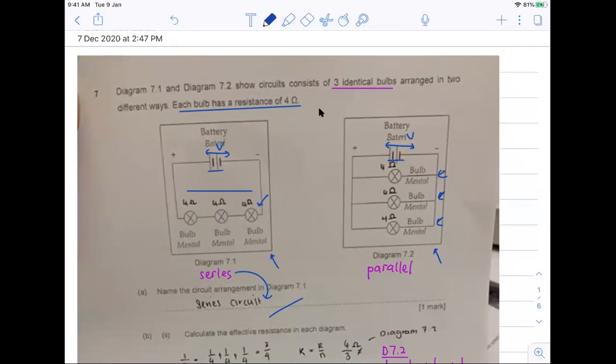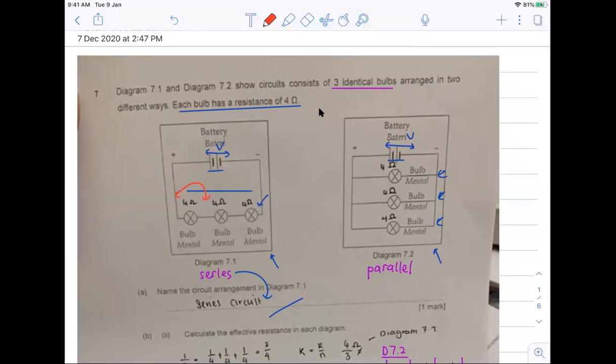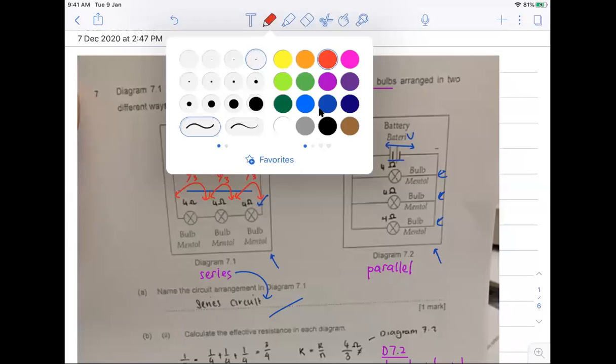For the series circuit, the voltage has to be divided among the three bulbs. Let's say the voltage is V. The first bulb will get V over 3, the second bulb will get V over 3, and so on. So all of them only get 1 over 3 of the voltage.